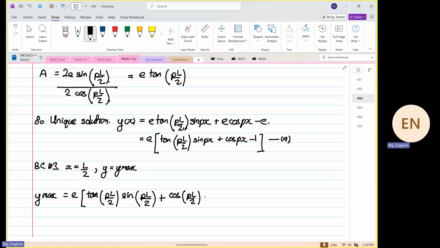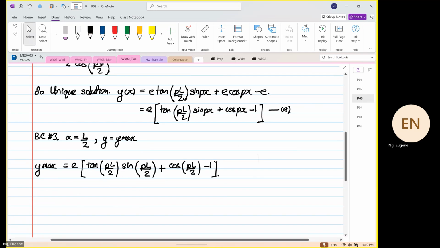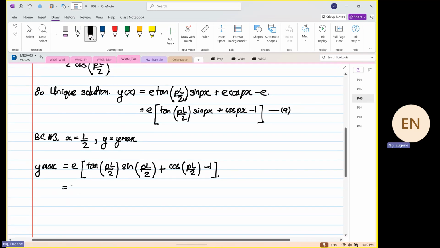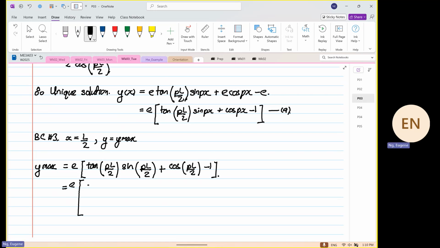And the whole thing over here, we do a minus 1. Going to write this out in a different form. We know that this is sine P/2 and divide by cos P/2. And then we multiply by sine P/2, plus by cos P(L)/2 minus 1.